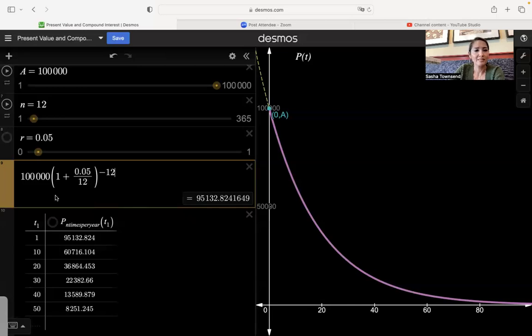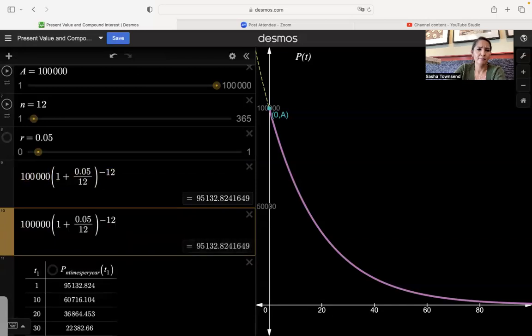Now, instead of waiting 1 year, if I'm willing to wait a little bit longer, let's say 10 years, well, then I would need to deposit $60,716 right now. So that means we're multiplying by this interest rate, that 0.417%, and we're adding that to the amount that we have.